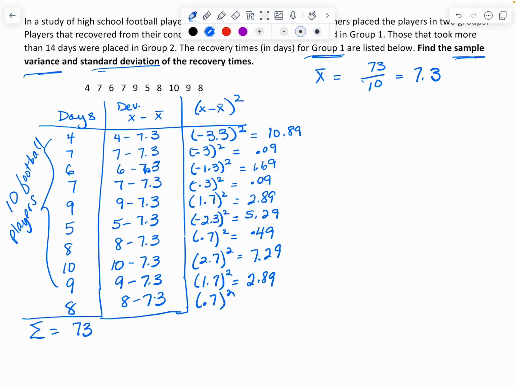And 8 minus 7.3 is 0.7, and that squared is equal to 0.49.